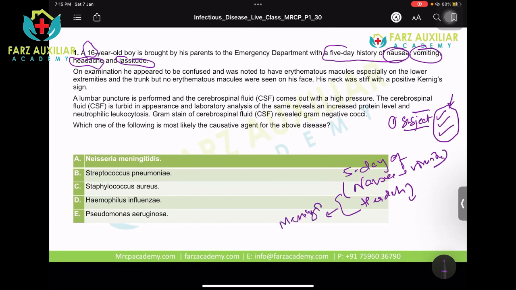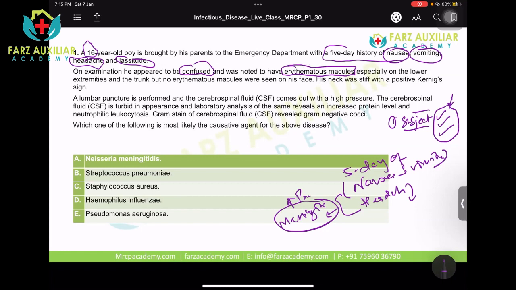Something wrong with the brain, something increasing the pressure there, along with producing nausea and vomiting. On examination, he appeared to be confused. We were thinking about brain, meningitis, meningoencephalitis, and we have a confused patient, and he was noted to have erythematous macules.